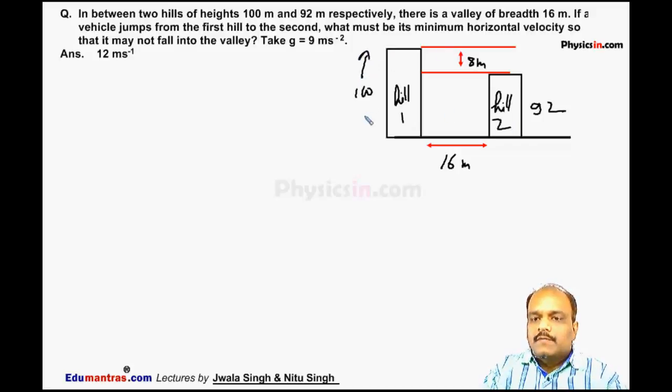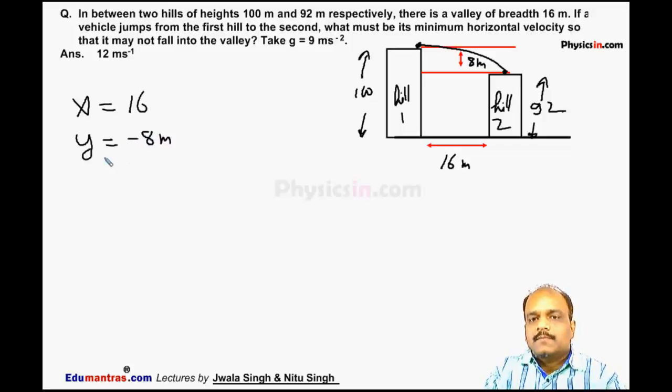If a vehicle has to jump from first hill to second, this vehicle has to cover a horizontal distance of 16 meter and vertical distance of minus 8 meter.